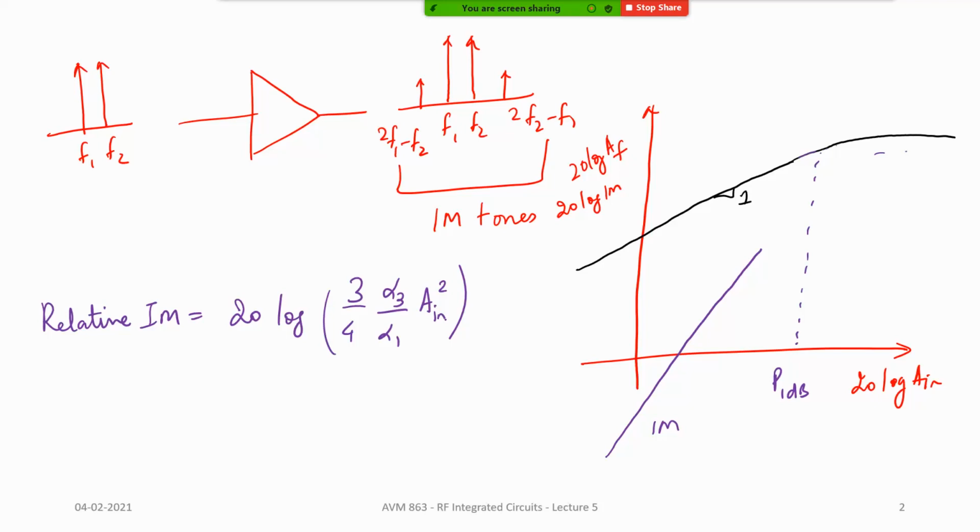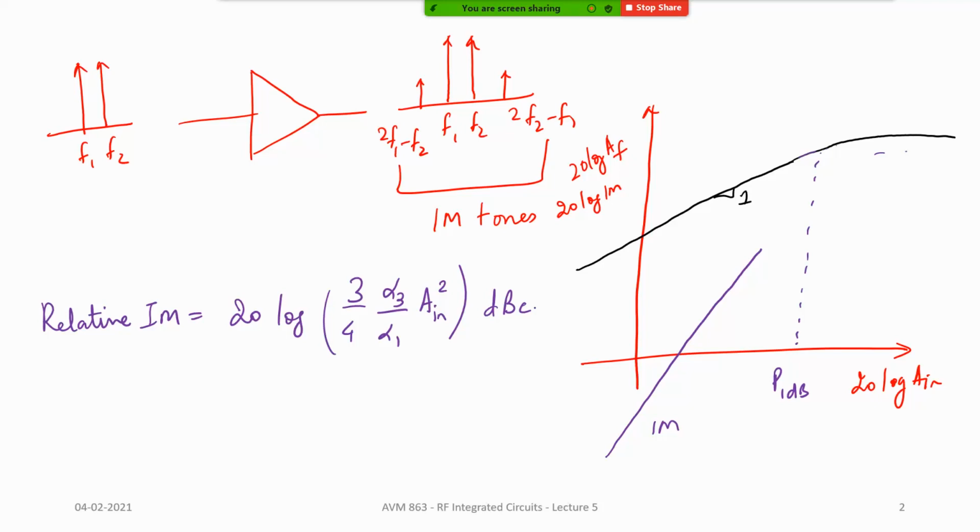Especially in RF systems, we usually represent that in dBc. What is dBc? Because we have normalized it to the main fundamental tone, it is with respect to the carrier, carrier being your fundamental tone. So it is called dBc.